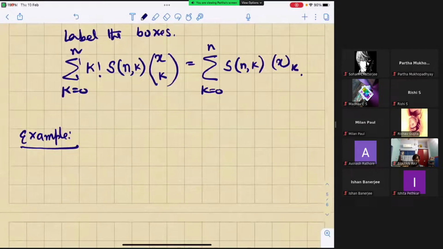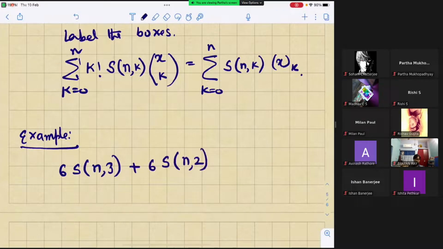So let's do another example maybe. Let's put 6 S(n,3), plus 6 S(n,2), plus 3 S(n,1). Let's prove this is equal to 3 power n. Let's try to argue this.